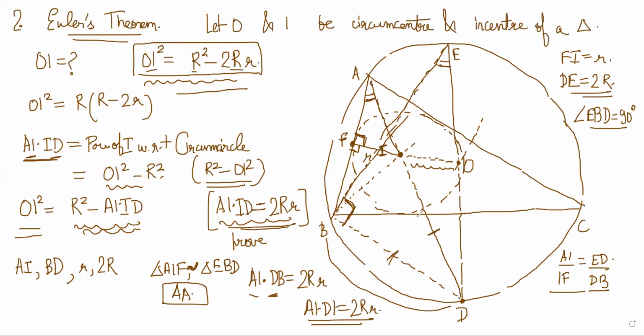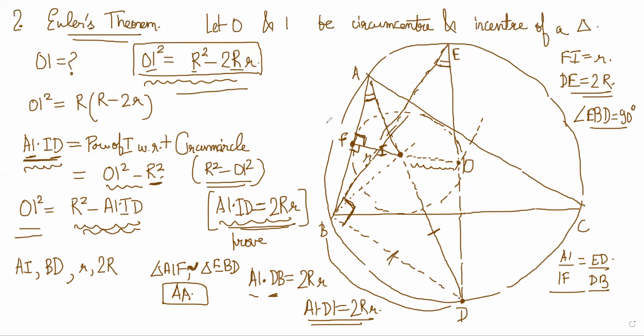Because it will also follow the intersecting chords theorem, that product should be equal to power of a point. So if I wanted to find OI square, I need to just estimate this part, because R square is already coming, right?